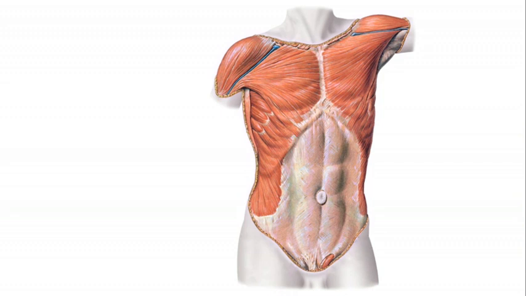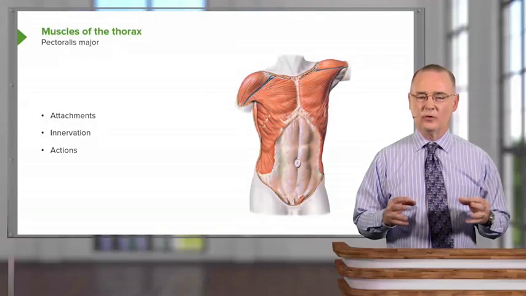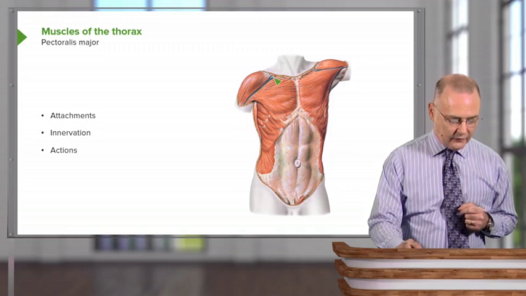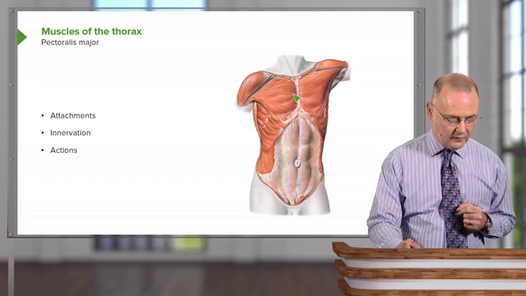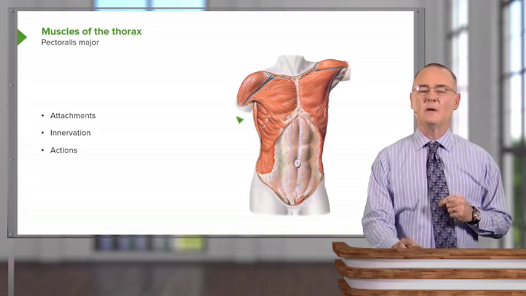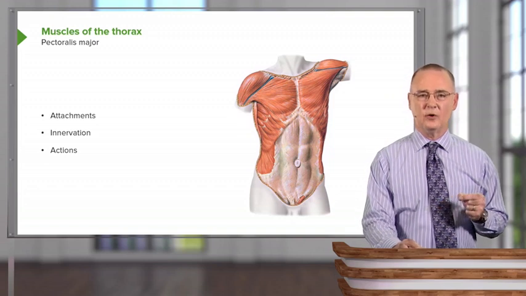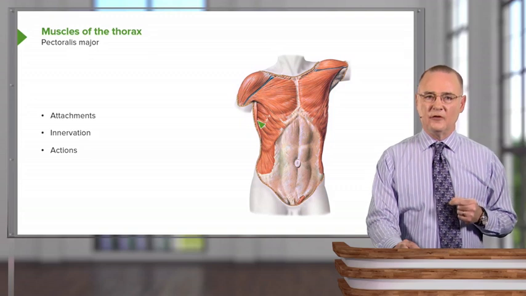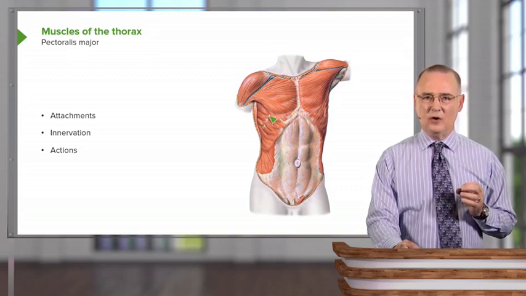Its distal attachment, or its insertion, is on the medial crest of the intertubercular groove or sulcus of the humerus. And so this wide origin, or proximal attachments, all of a sudden will converge on a specific point of insertion or distal attachment to that medial crest. This muscle is innervated by the medial and lateral pectoral nerves.